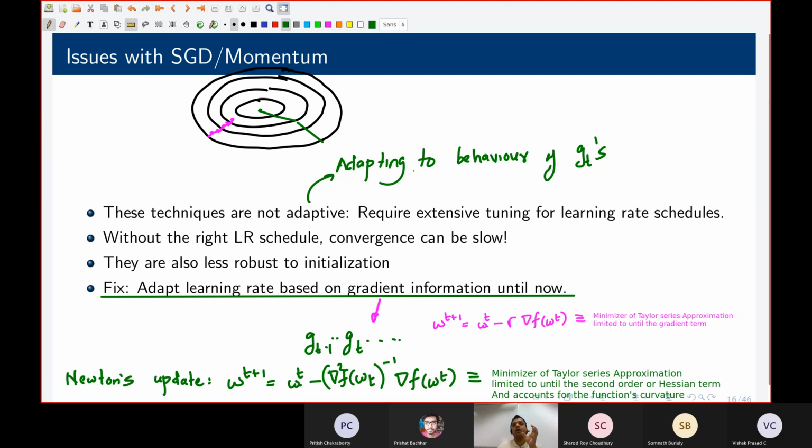So it's not just the behavior of the gradient at the current step, it's the curvature. That's exactly the point here. But this is just a motivation. We are not going to use the Hessian. That's very important. As I said, this is a motivation.